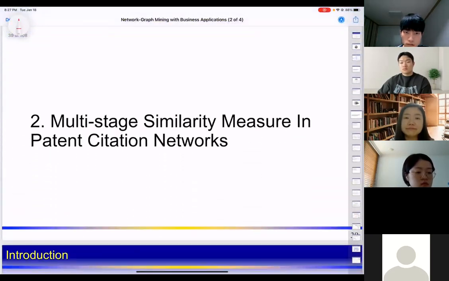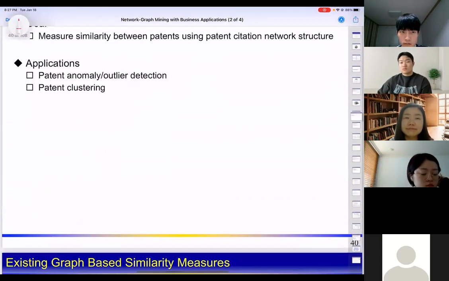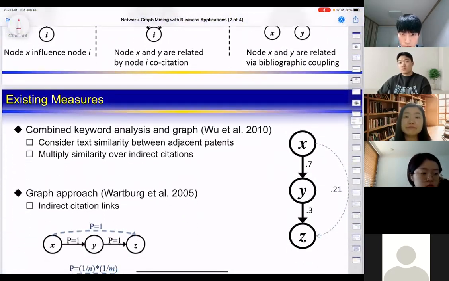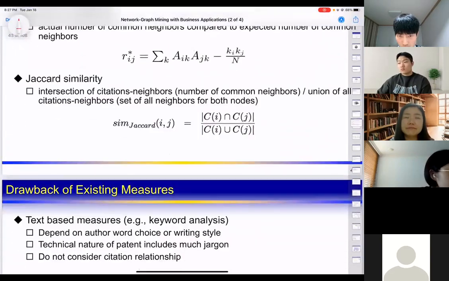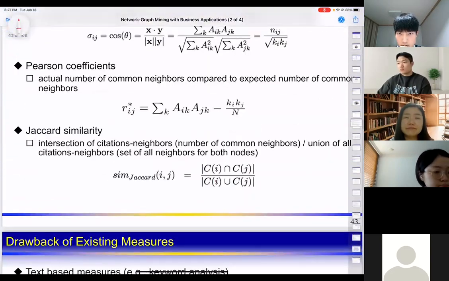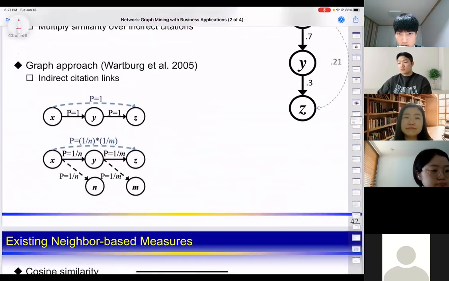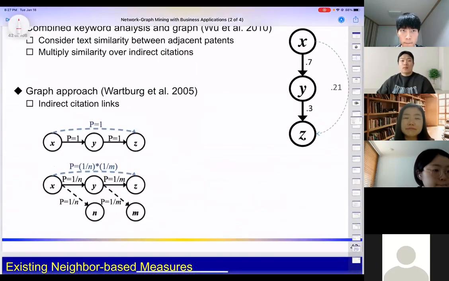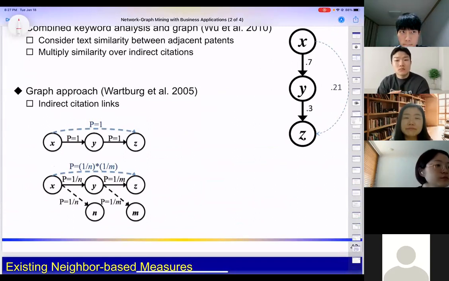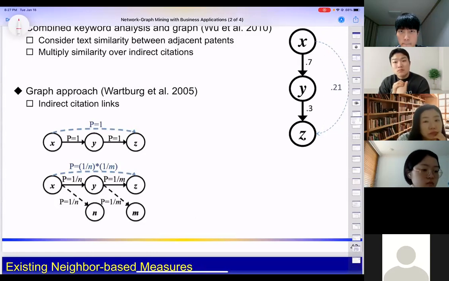Now, similarity between two nodes in the networks. Given a patent citation network, how do we measure whether two papers or patents are similar? Of course, we can look at text data for each paper or patent. But your question is, we look at only the citation network structure.